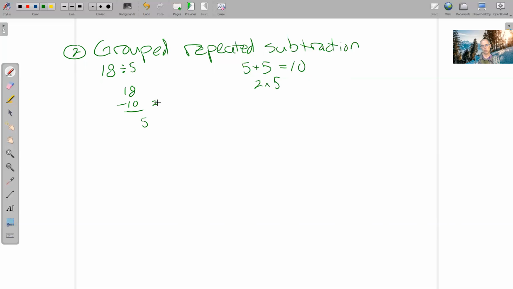And I just can make a note to myself that I took out 2 5s there. And then I can do 8 minus 5. So that's 1 more 5 and get my 3 remainder. So I still get 2 5s plus 1 more 5 is 3 5s. So I still get the answer 3 remainder 3.